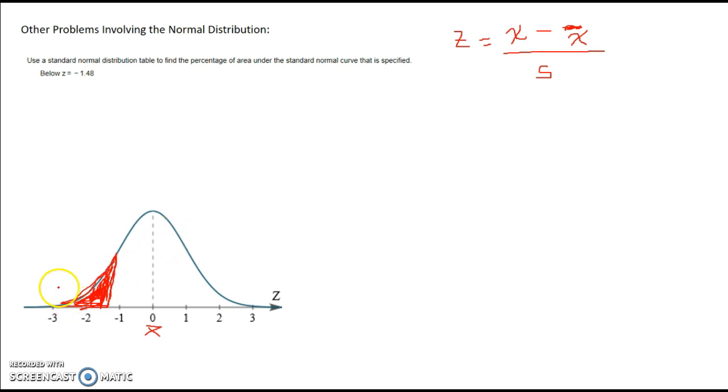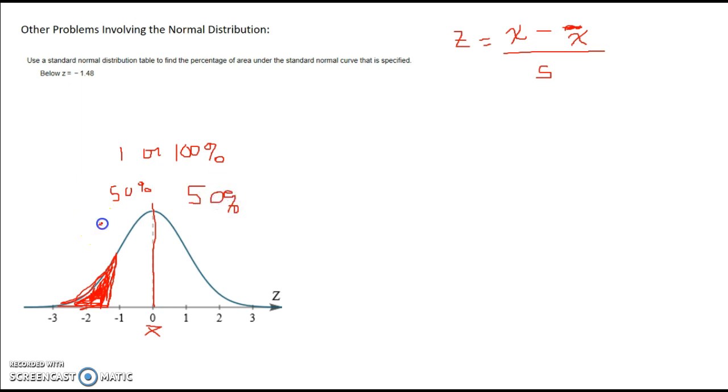Okay, so how do I do that? Well, this whole thing is 1, or 100%. This side is 50%, and this side is 50%.